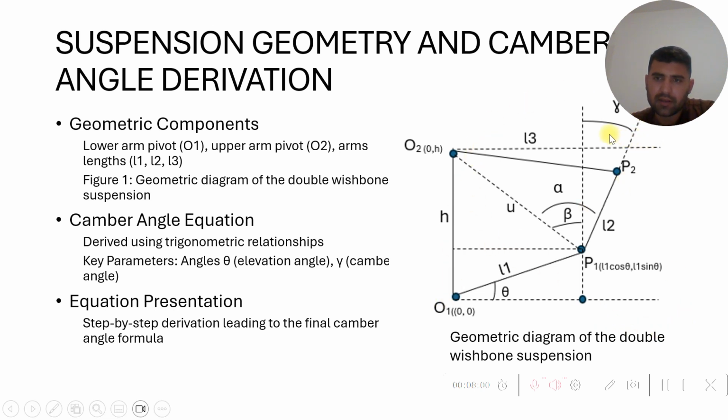Here gamma is our camber angle. These are the different angles we define in this geometry that will help us find gamma. Next, we will derive the camber angle equation in the next slide.